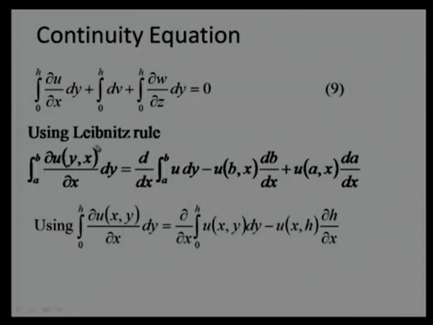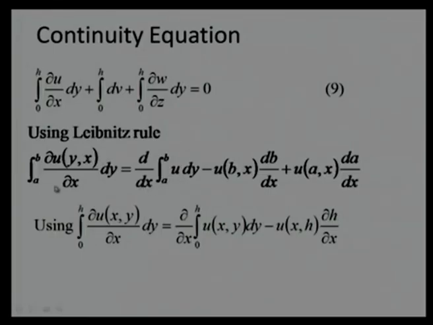Now, we can use the Leibniz rule. What it says is that we can go ahead with partial integration, or the step by step integration, when we know u itself is a function of y and x, and we need to differentiate as well as integrate it.